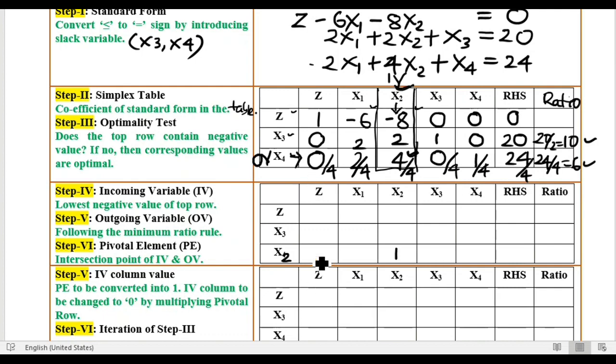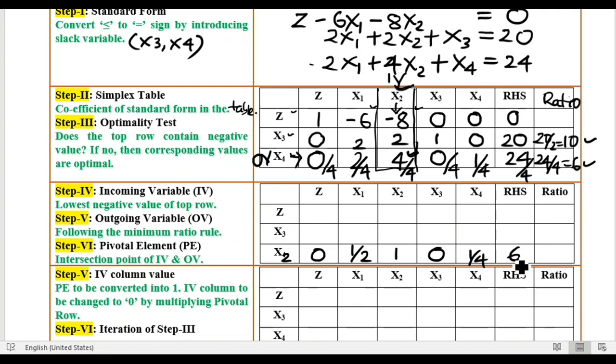So this becomes 1 by 2, this is 1, this is 0, this is 1 by 4, and this is 6.